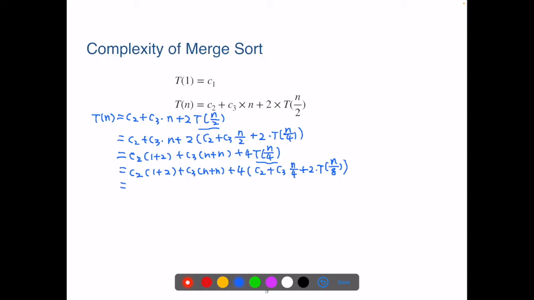So we can rearrange this: 1 plus 2 plus 4. We have C3 n plus n plus n. And then we have 8T(n/8).